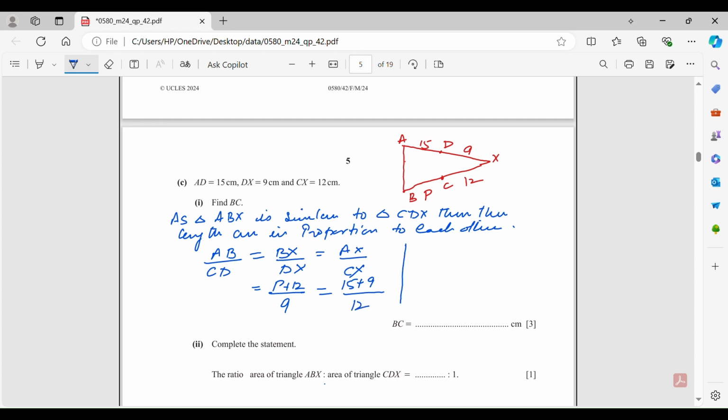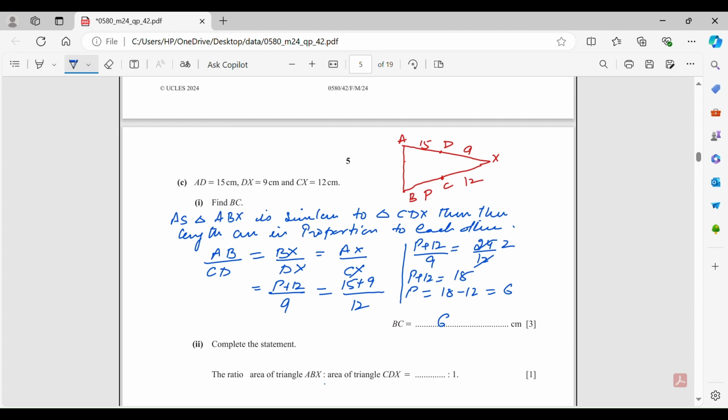So we can solve: p plus 12 over 9 equals 24 by 12, so p plus 12 is equal to 18, p will be equal to 18 minus 12, which is equal to 6. So BC is equal to 6 centimeters, right?